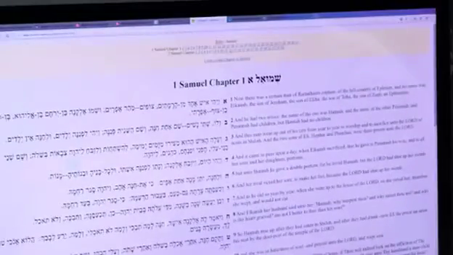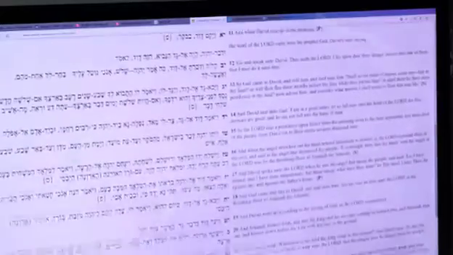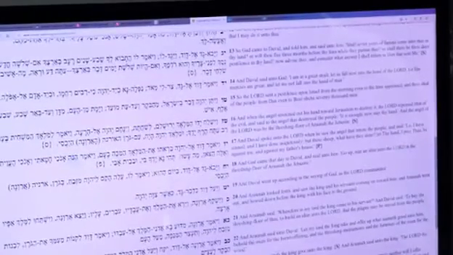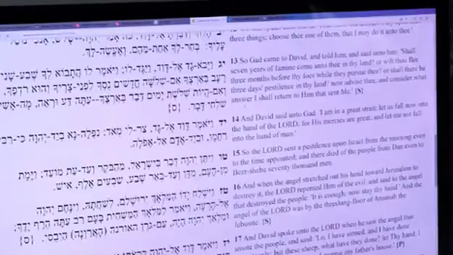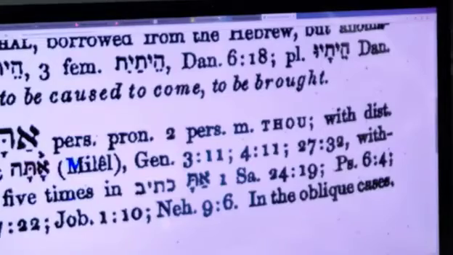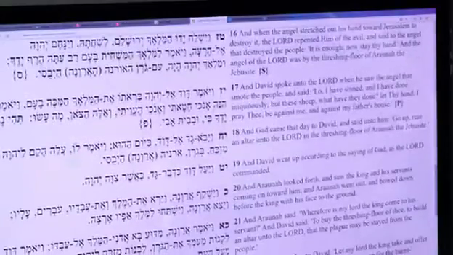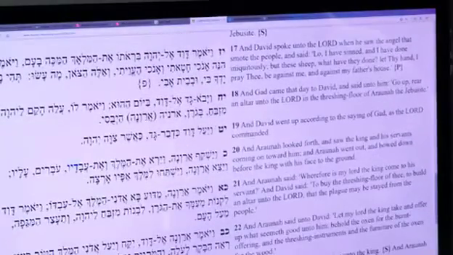First Samuel 24, verse 19. Okay, let's see here. We're at 24 and 19.